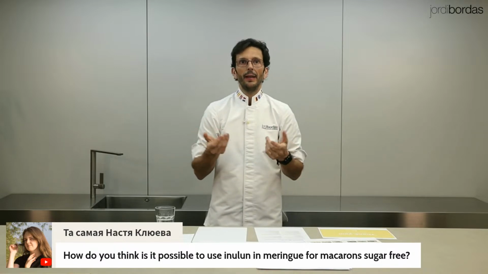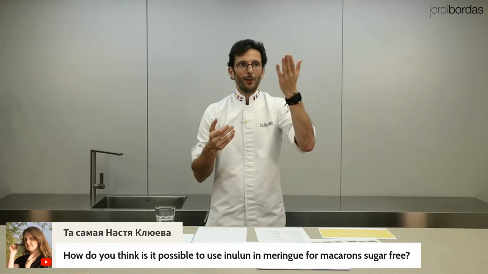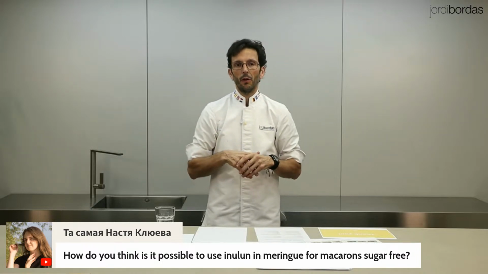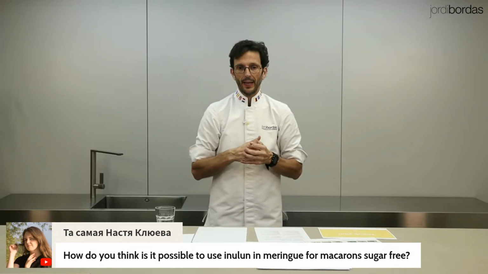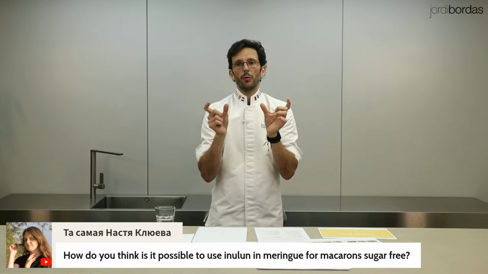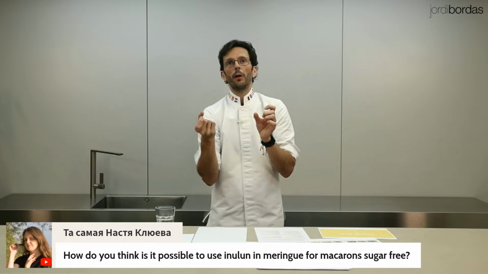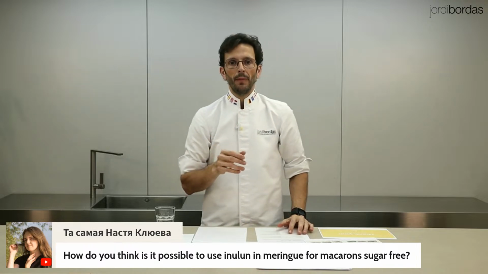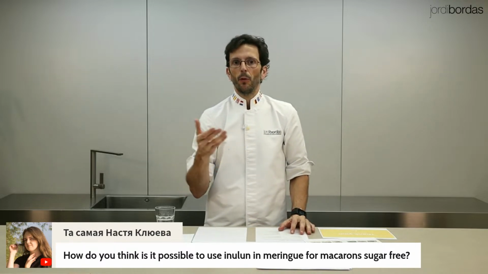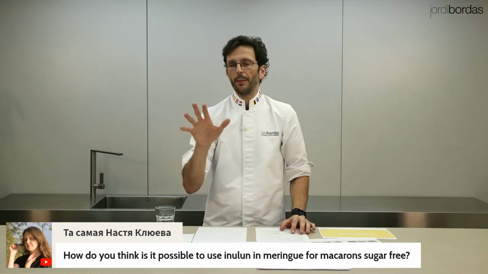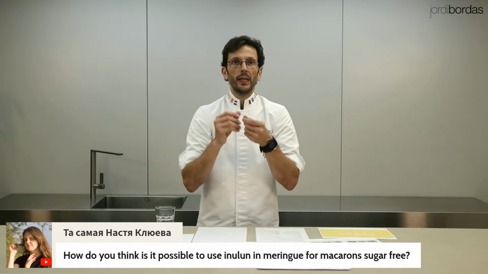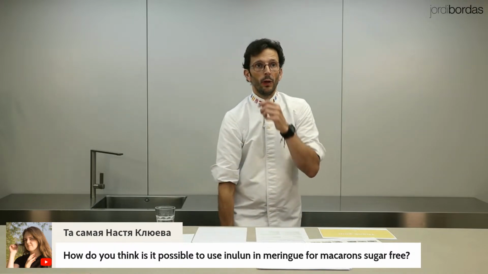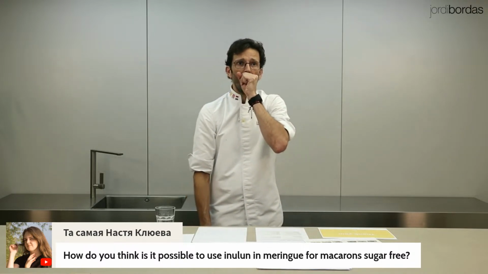For this reason, it's not possible to use inulin or oligofructose in general in this kind of textures. You can try to switch a part of the sugar for oligofructose in a small quantity and see what happens. But not more than 5% in one recipe, because more than 5% is going to keep the elasticity, and this will not be interesting.